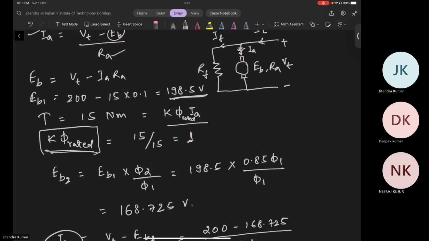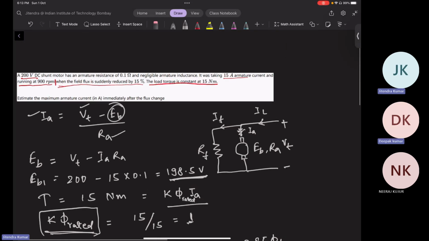Sir, he is asking about the EB1 and EB2 formula. Sir, while using that formula, you have assumed that the speed in both the cases will be same. He is asking for the reason, sir.